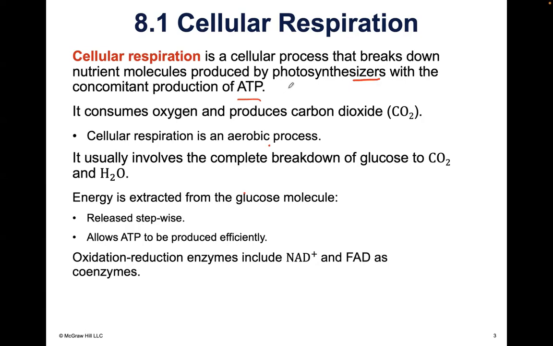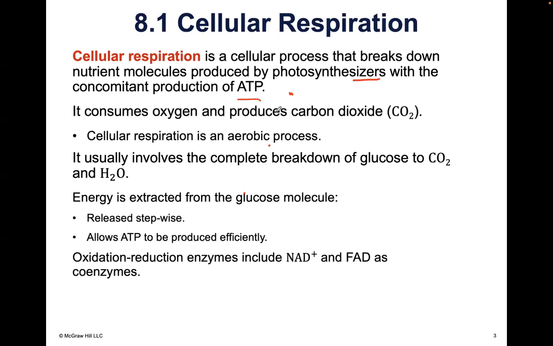ATP is like the coin of energy, the currency you pay to get energy. So the major reason why the process of cellular respiration usually takes place is to produce ATP.